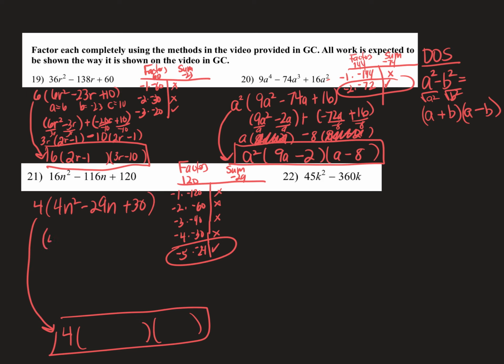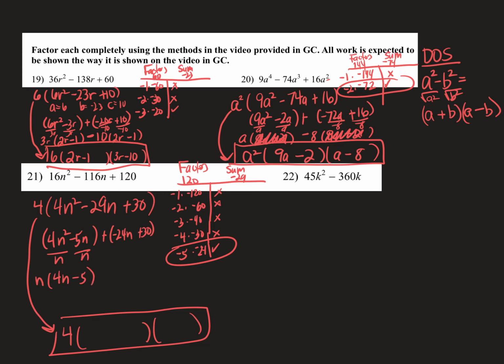So I'm going to go ahead and group 4n squared minus 5n, put a plus sign, minus 24n plus 30. The first group has n in common, and that would leave me 4n minus 5.